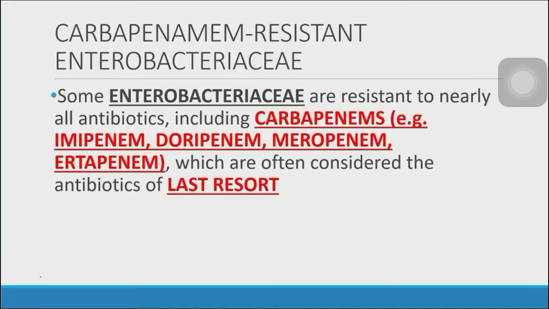Carbapenems include imipenem, doripenem, meropenem, and ertapenem, which are often considered antibiotics of last resort. Usually, when you have MDR enterics, the last resort drug is carbapenems. When these Enterobacteriaceae develop carbapenemase, enzymes toward the carbapenem drug class, it is considered an urgent threat.